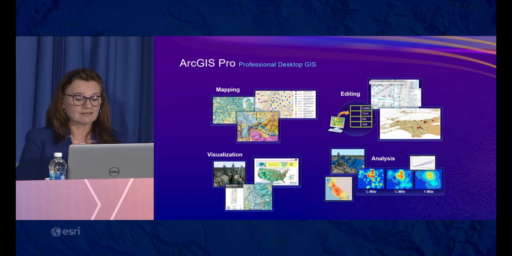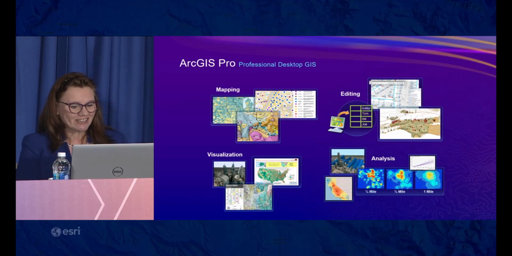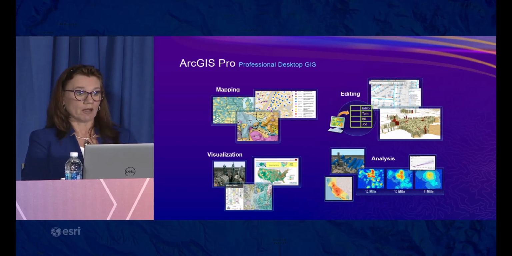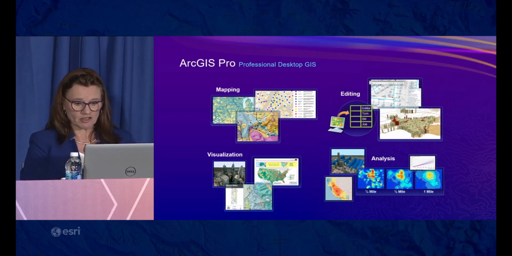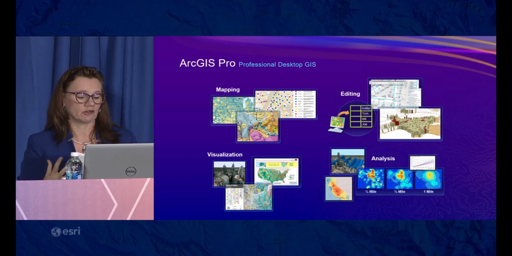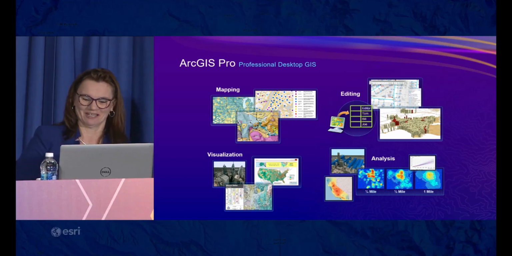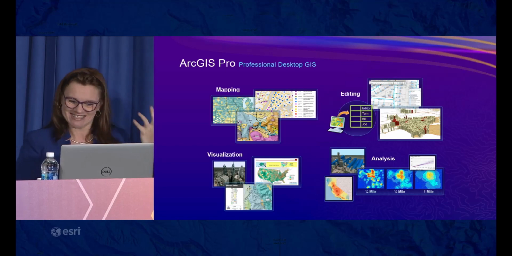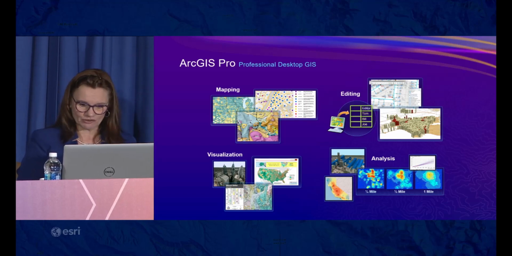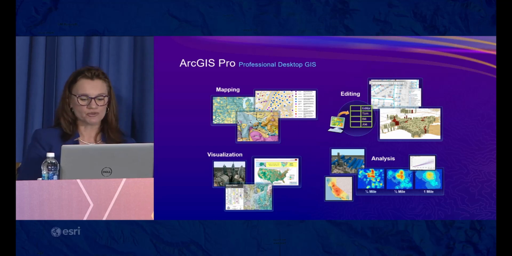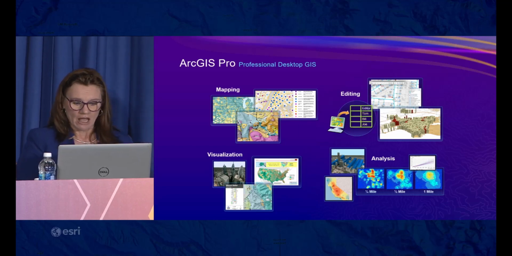All right, so let's take a look at ArcGIS Pro. It's a desktop application installed on our desktop computer and very, very versatile. That's why we call it a prime desktop application, right? It provides high-end cartography tools. There's mapping and visualization, both in 2D and in 3D.